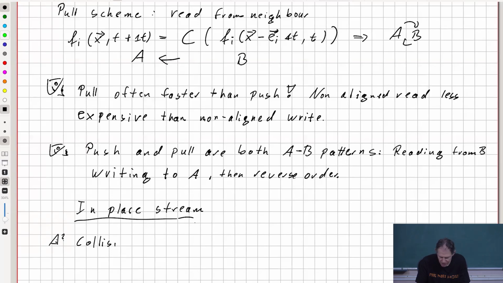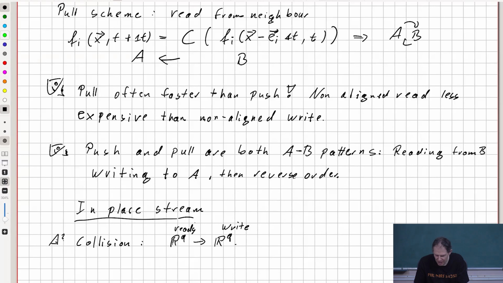So the collision has Q reads, and it goes to Q writes. So we always read exactly the same amount of data that we also write.